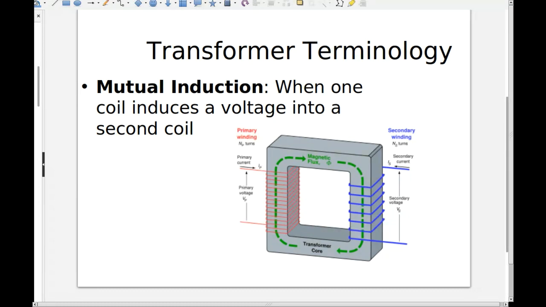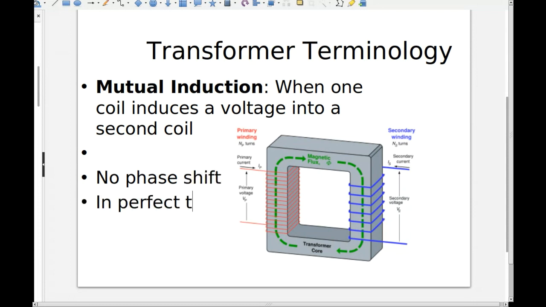This is something I want to make a point of, so I'll write it down here: mutual inductance does not shift the phase. So there's no phase shift in a perfect transformer. Whatever the phase angle of the voltage is, it's the exact same phase angle here.